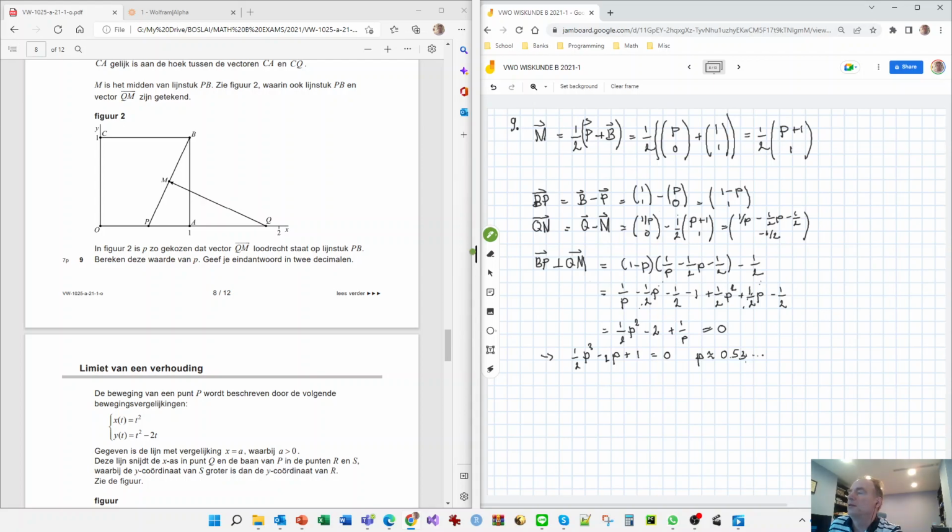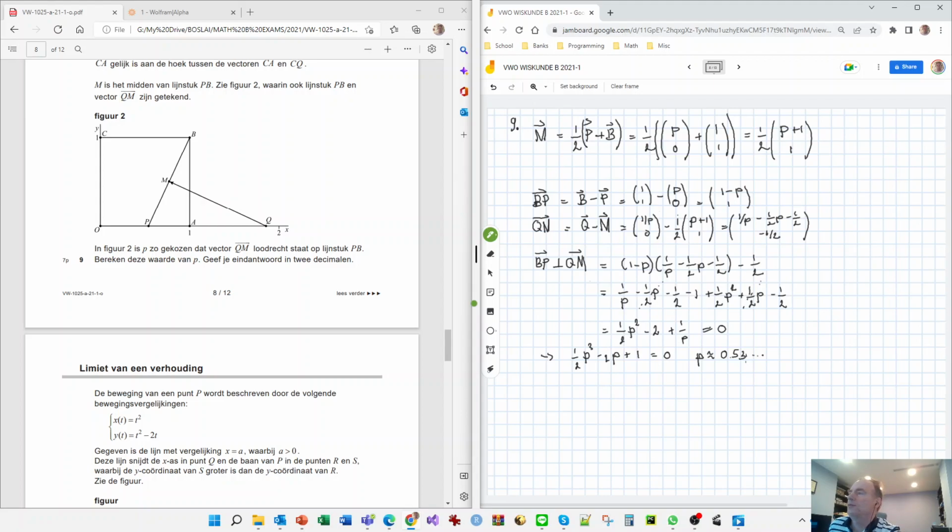And perpendicular means that the inner product is 0, from the equation in the previous question. You also can set up a line and find the slopes of each, and then demand that the product of the slopes is equal to minus 1. Should give the same results.